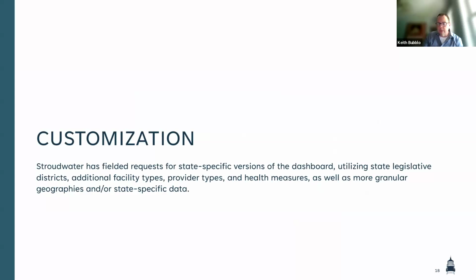You can do it by hospital service area, which is a possibility. Specific zip codes rather than the counties, looking at additional facility types or providers or health measures, or you can use state legislative boundaries instead of the congressional district, which is an option. So customization is something that we can do.